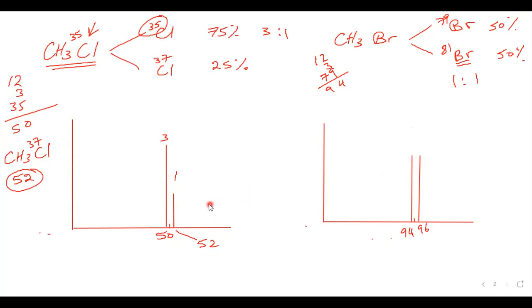So here we can differentiate between whether we have a chlorine atom or a bromine atom in our molecule. Because if we have a chlorine atom, we get an M+2 peak, but with the ratio 3:1 between the molecular ion peak and the M+2 peak. And if we have a bromine atom, the ratio will be 1:1.